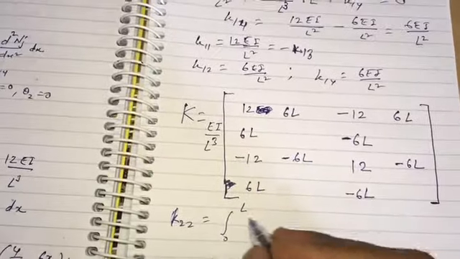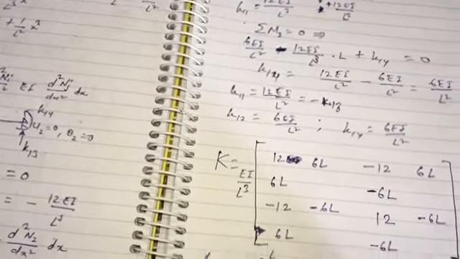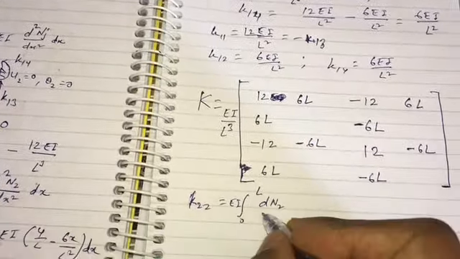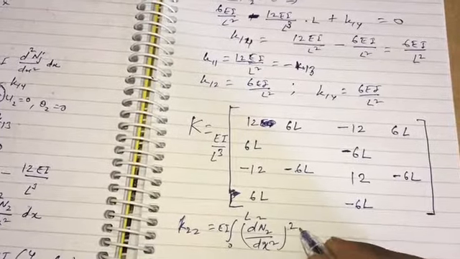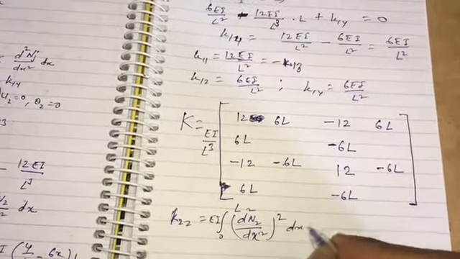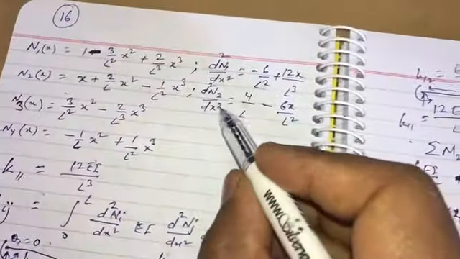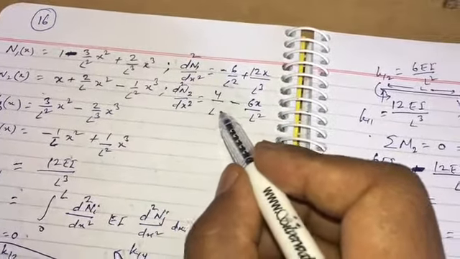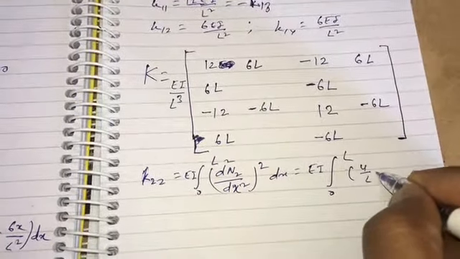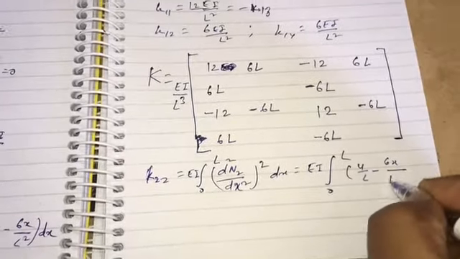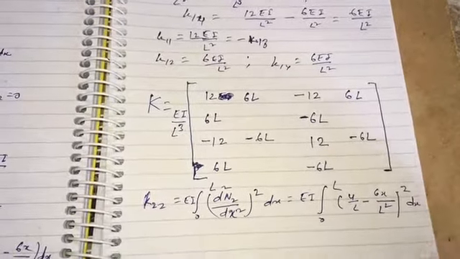K22 is equal to the integral from 0 to L of EI, let's keep this outside, and then d square N2 over dx square of it, and dx. So EI from 0 to L, and we have here d square N2 over dx square, so 4 over L minus 6x over L square, a square of it and dx.